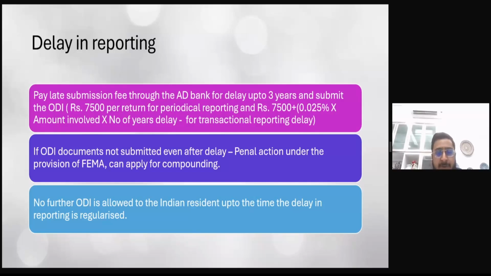If the ODI documents have not been submitted even after this delay of 3 years, then penal action will be started, and you can go for compounding once these 3 years have passed. Now, no further ODI will be allowed to the Indian resident up to the time the delay in reporting is regularized. So, it's very important to get all the documentation, all the ODI filing done within the time.